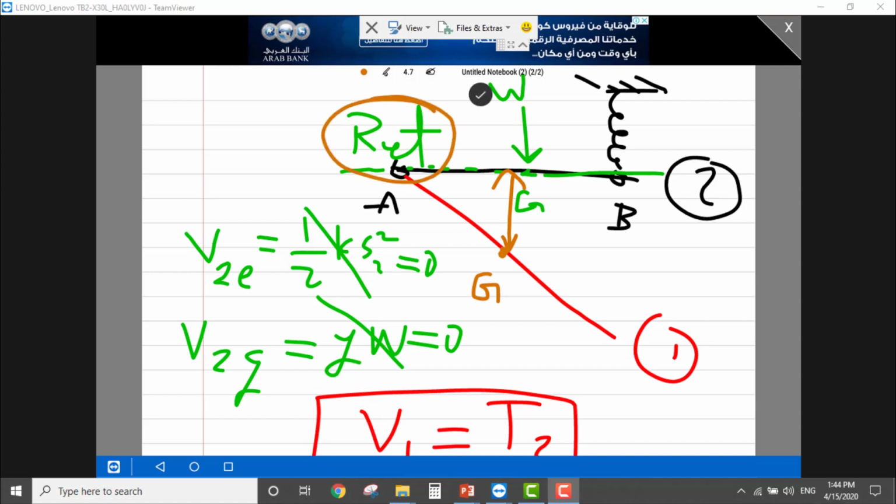This is y, and since we are below the reference, we must substitute a minus sign. But this distance is unknown. We have this theta equal to 30, and this distance equal to 0.2 from the problem statement. Then we can calculate y. So y equal to 0.2 sine 30, which is equal to 0.1.